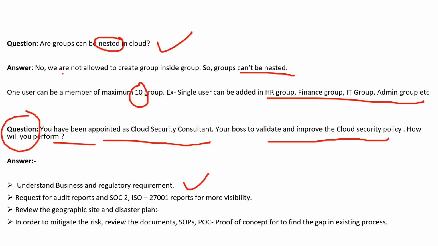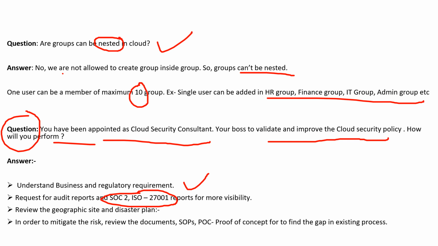Next is to request audit reports, SOC 2 reports or ISO 27001 reports for more visibility, because from these reports we can get the controls, right? Which controls are existing, and depending on the risk available in particular clouds, we can have an idea that these controls are weak, and accordingly we have to implement the same.